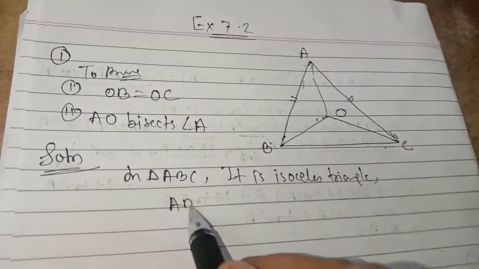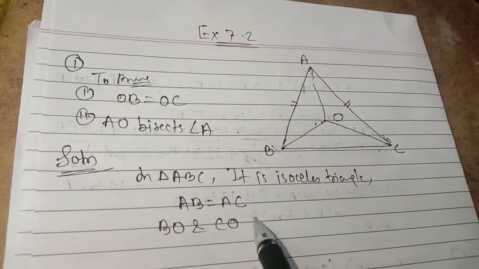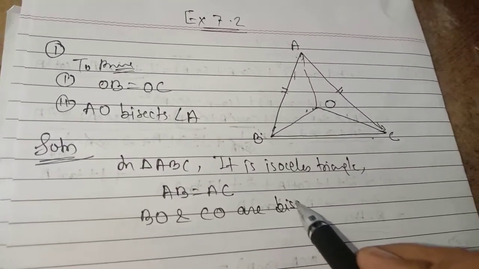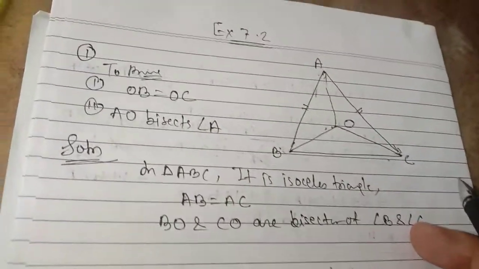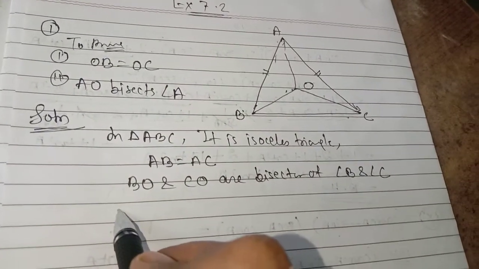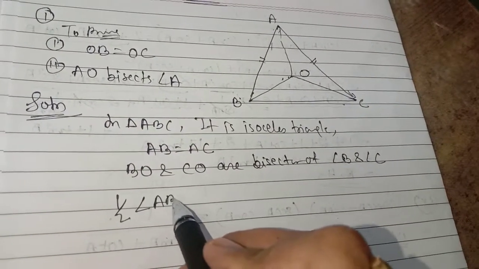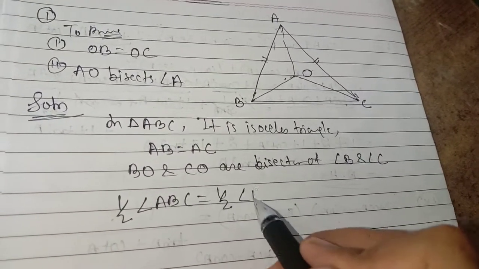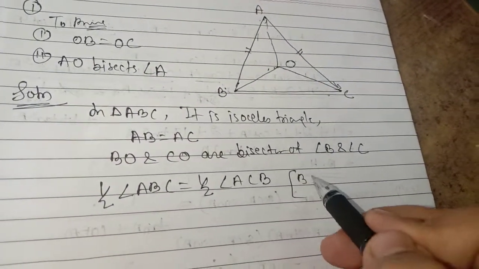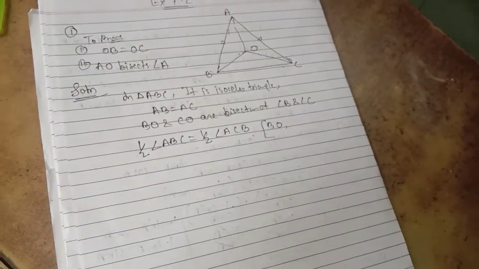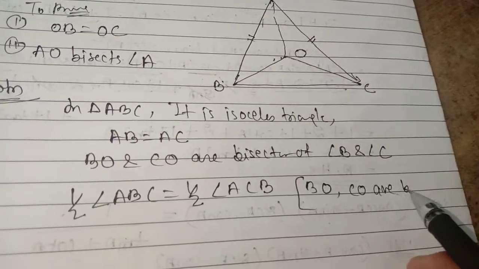Now AB is equal to AC, it is given, as well as BO and CO are bisectors of angle B and angle C. So can we write here half angle ABC is equal to half angle ACB. Okay, why? BO and CO are bisectors.